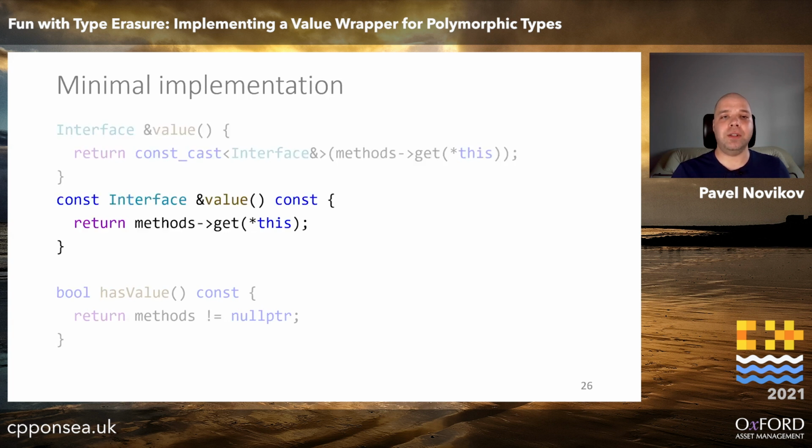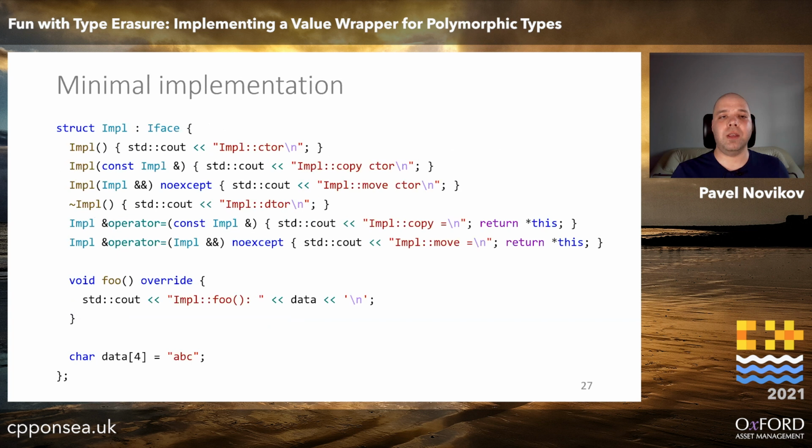The other one doesn't need const_cast because we get a const reference from the get function. And the other one is has_value, which checks if the pointer to methods is not null. If it is not, that means that we contain some value.